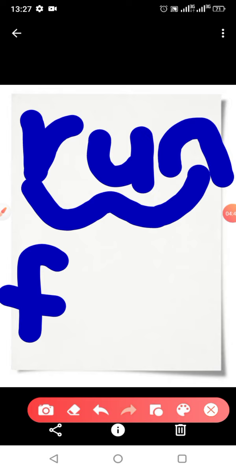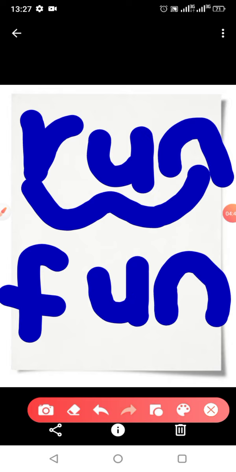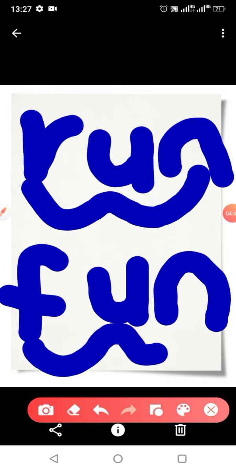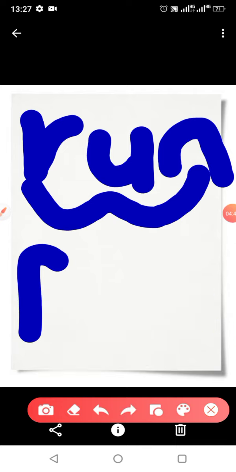Okay, other examples are run. Okay, fun. All right, so these are the 5 short vowel sounds.